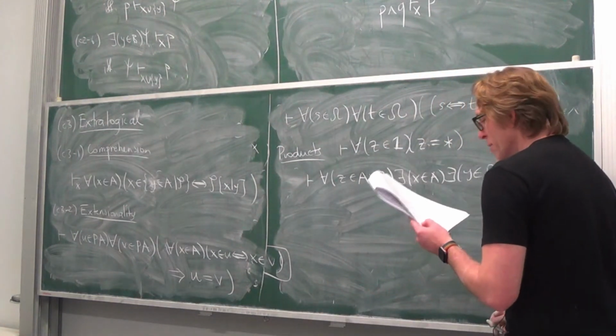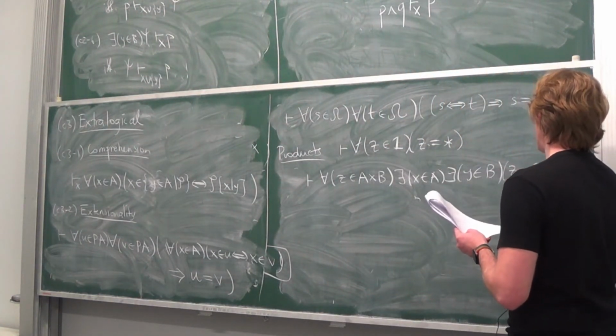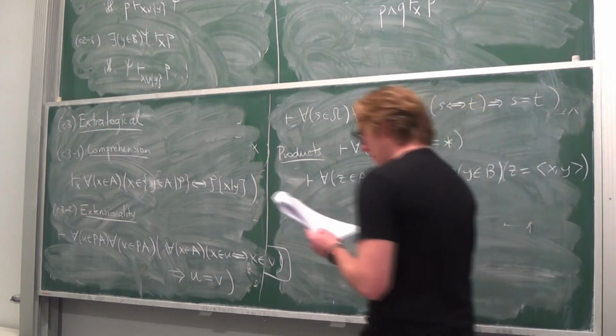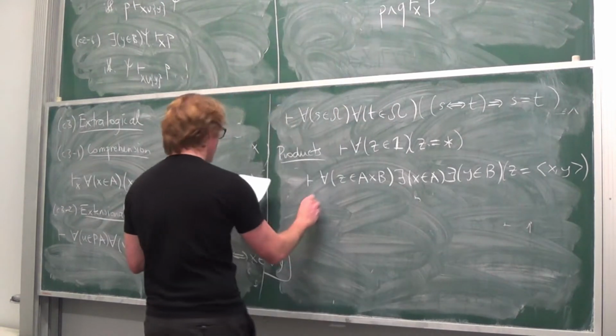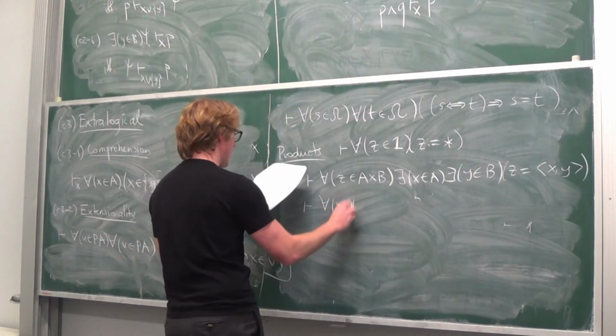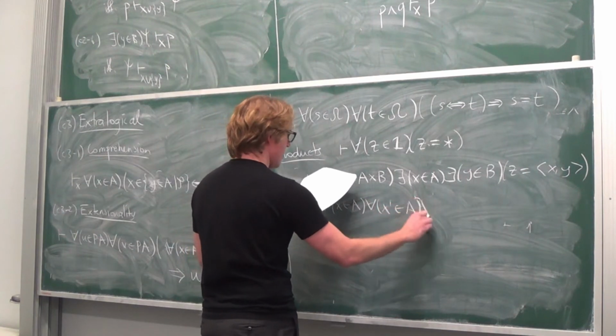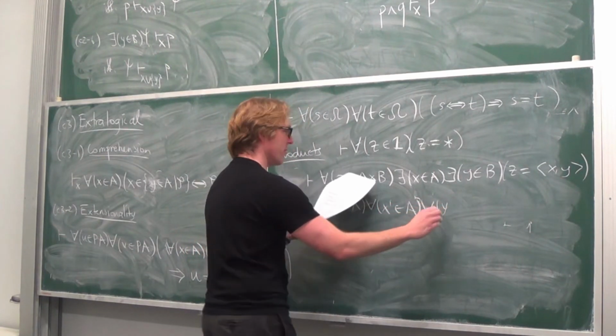There's no weird elements of A cross B. Right. Jesus, this is a lot of quantifiers.